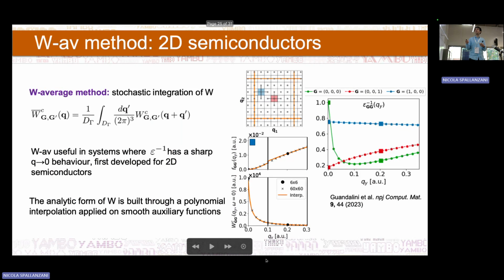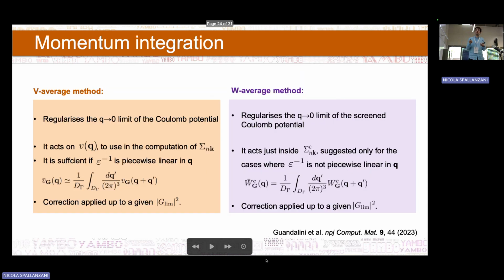And that's the reason for which we pass through this interpolating function, whose only purpose in this case is to determine an analytic form of W. The analytic form, however, differs within all the different intervals, because what we do within all the intervals is a polynomial interpolation. So basically you assume that you can treat these quantities as polynomials, and by using the sum of polynomials, you can end up with an analytic form of W. So the difference is what you are doing an analytic exact integration of and what you are keeping piecewise constant.